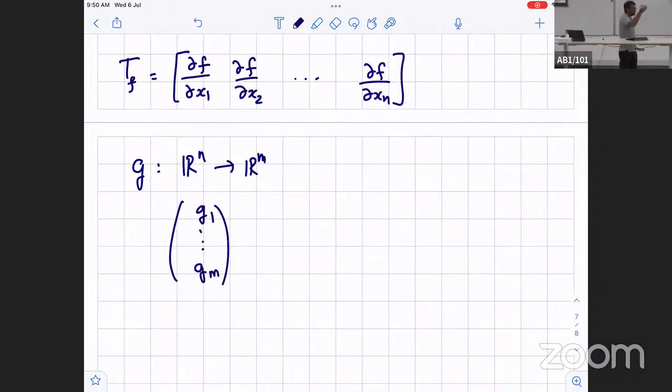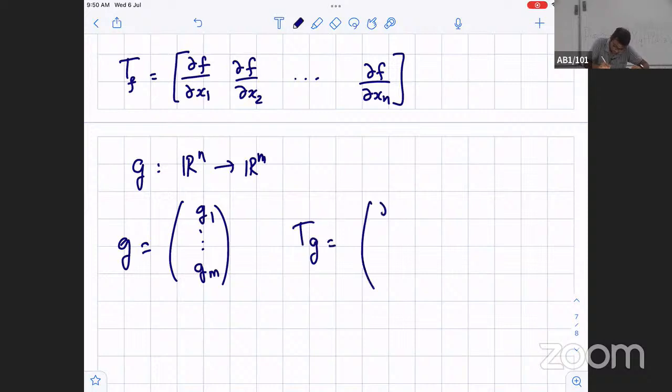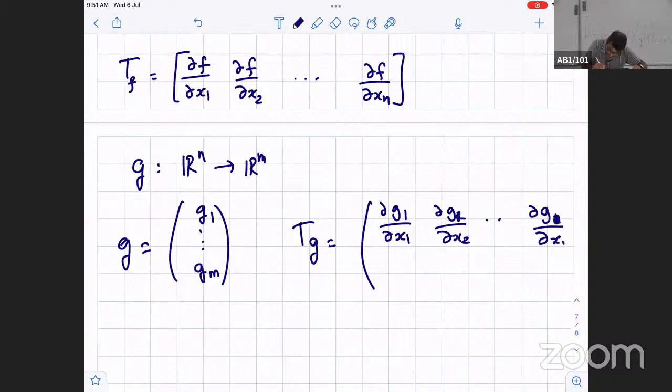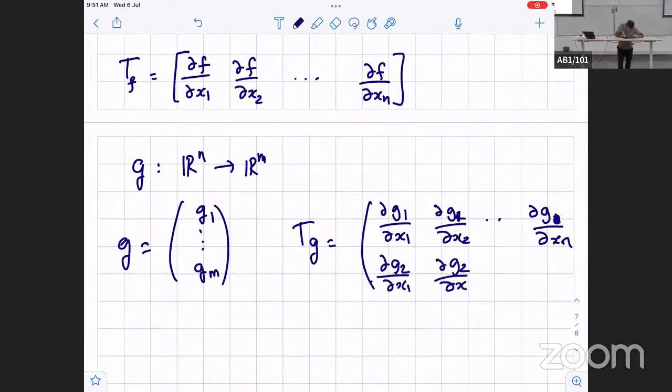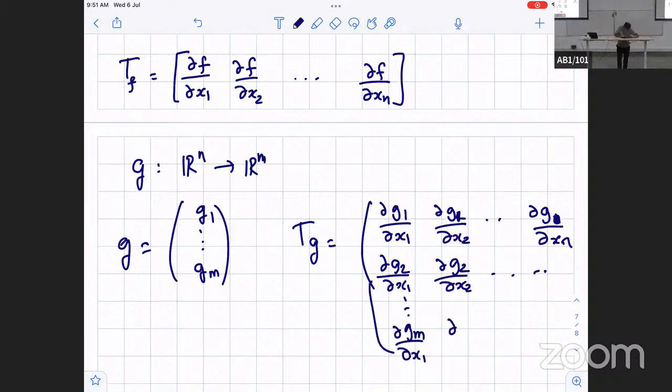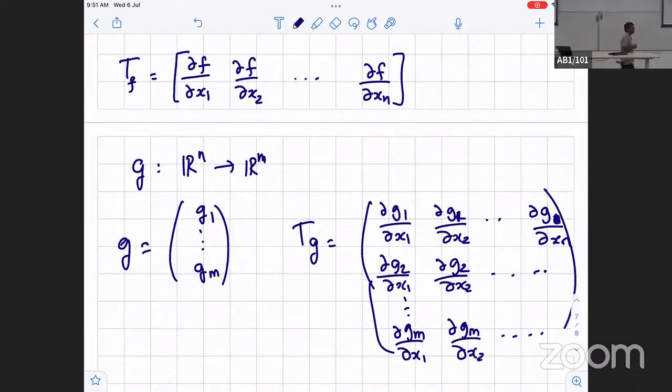You can think of G as being equal to this, G1 to Gm, and so Dg is therefore the matrix with rows: del G1 by del x1, del G1 by del x2, up to del G1 by del xn; then del G2 by del x1, del G2 by del x2, and so on. This is how you can think of this.